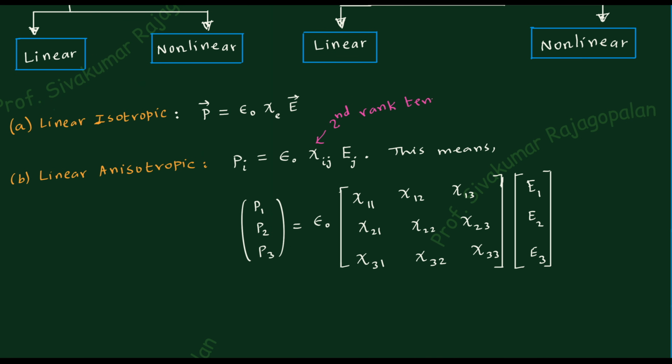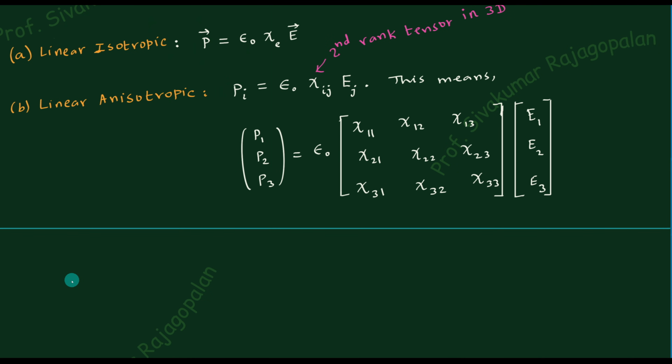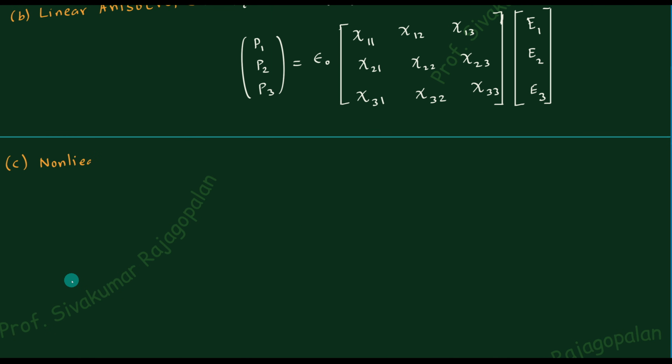So I'll consider the nonlinear isotropic case now. Now since it is isotropic, scalar is there, but because of the nonlinear, powers of electric field will be there. So let me first of all write down the equation that we have a special case of the polar material, that is a P0, and then this is the standard first term.